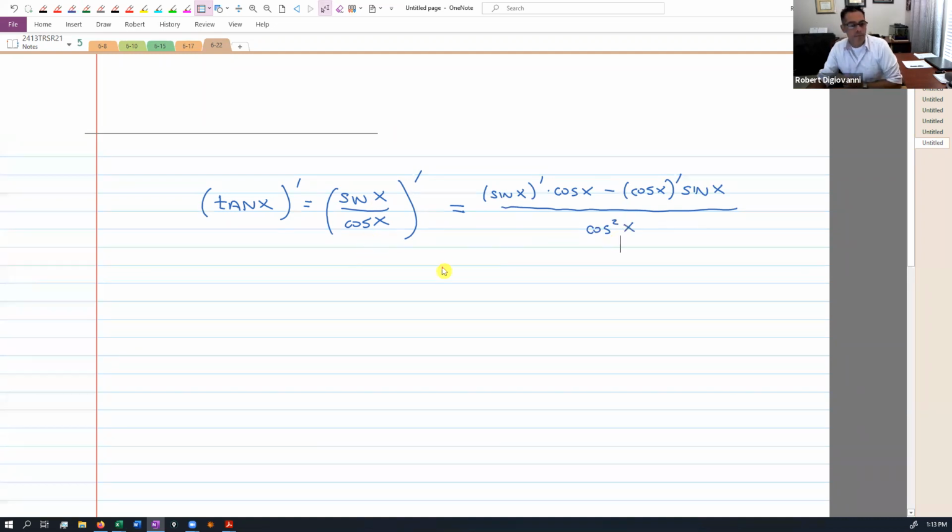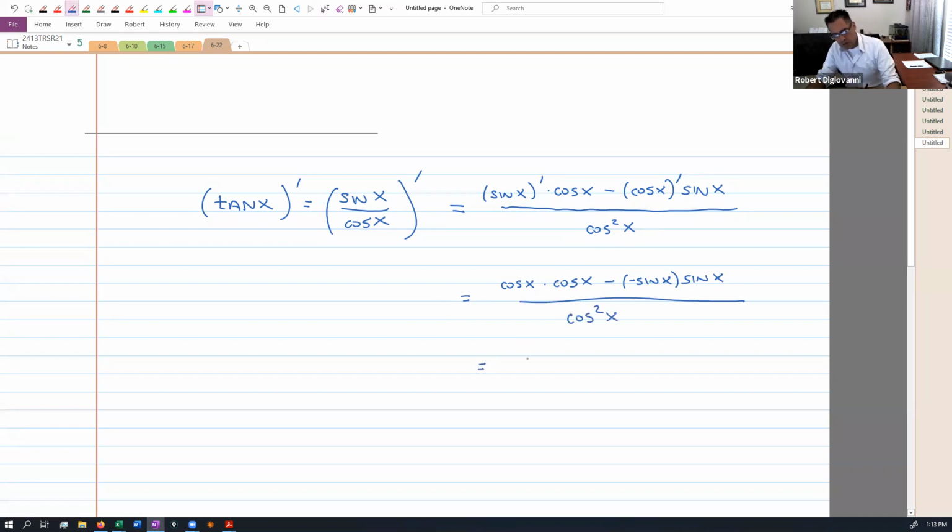That's what the quotient rule will get you. And then on top, I still need to take derivatives. So the derivative of sine of x is cosine of x times cosine of x, minus, now the derivative of cosine of x is negative sine x times sine x, all over cosine squared x.